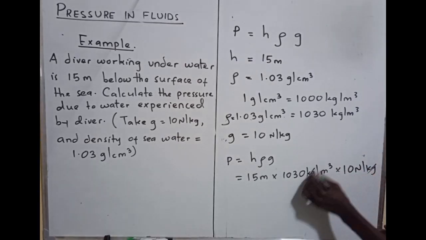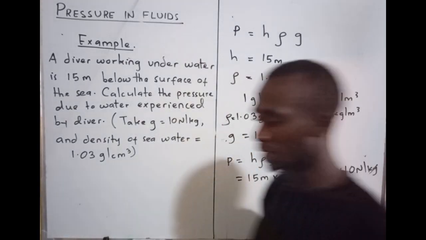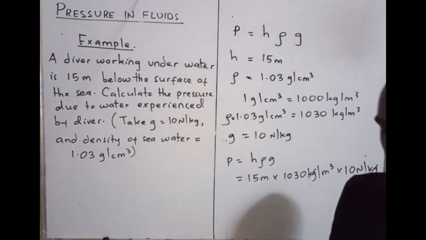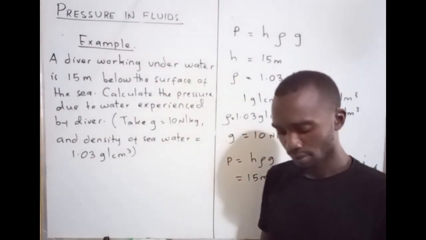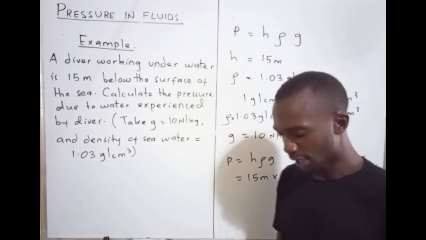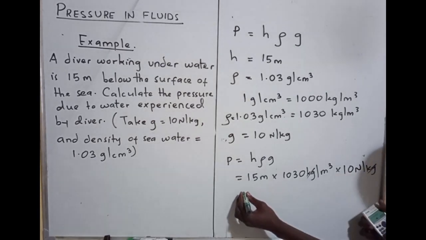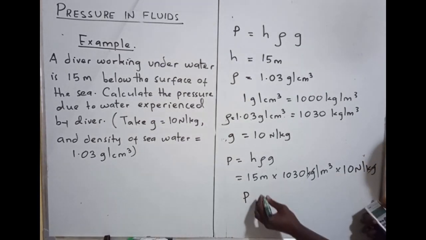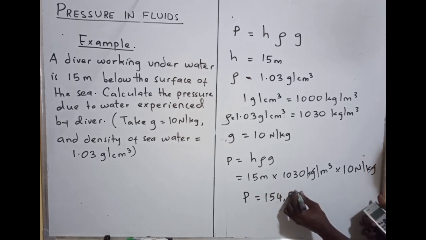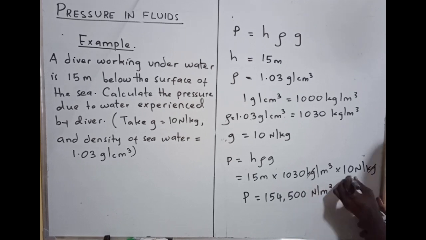So kilogram and kilogram cancel, so we have 15 times 1030 multiplied by 10. So the answer is 154,500. So the pressure exerted on the diver is equal to 154,500 newtons per meter square. So that is the pressure exerted.